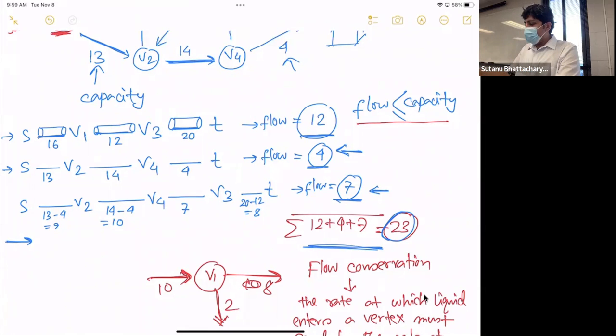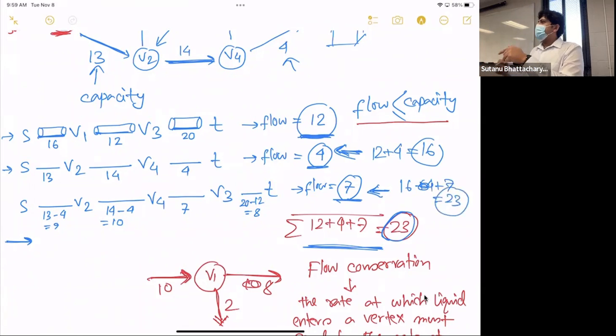So first, your flow is 12. You find another augmenting path, then the flow becomes 12 plus 4, that is 16. Then you find a third augmenting path and flow becomes 16 plus 7, that is 23. So every time you find an augmenting path, you will update the max flow.